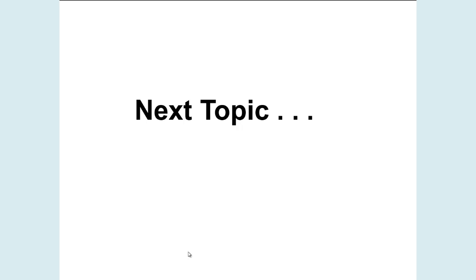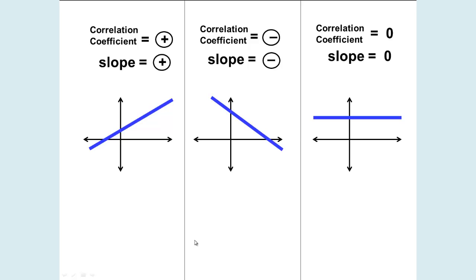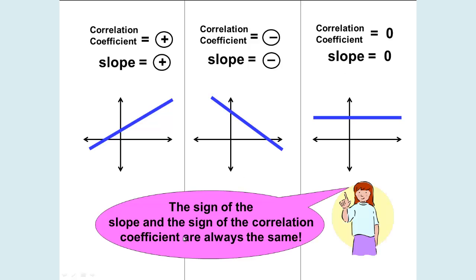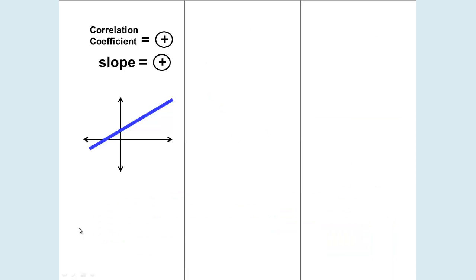Let's move on to the next topic. If our correlation coefficient is positive, then our slope is positive. If the correlation coefficient is negative, our slope is negative, and if the correlation coefficient is 0, our slope is 0. The sign of the slope and the sign of the correlation coefficient are always the same.